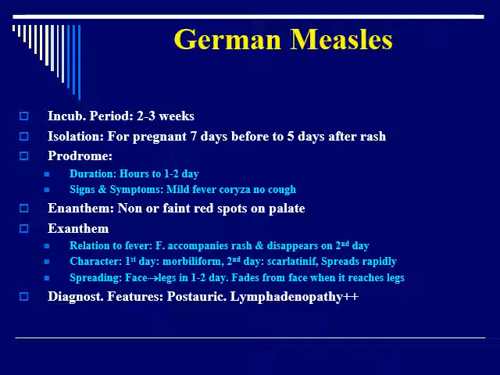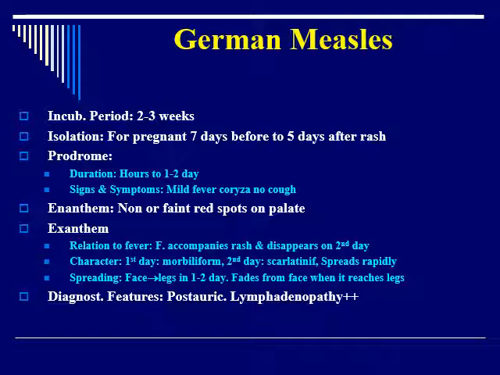The lymph node enlargement in German measles is very important since it is the pathognomonic sign of German measles. Lymph node enlargement appears before the rash and remains after the disappearance of the rash.